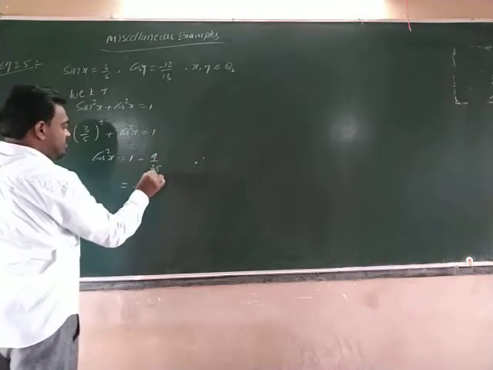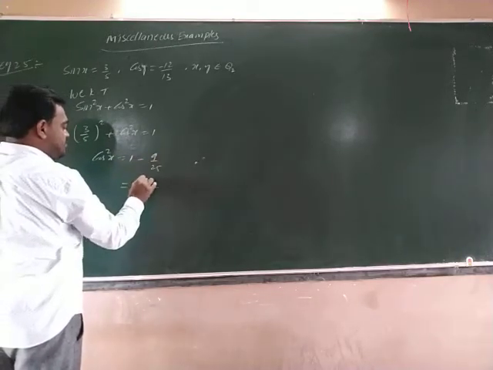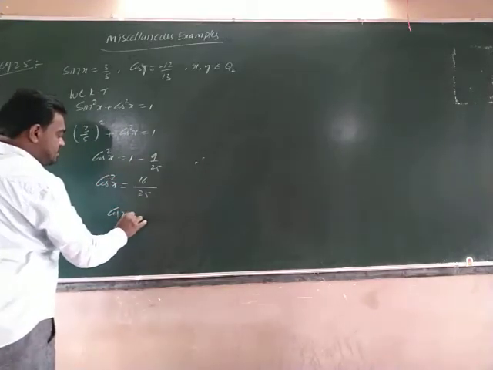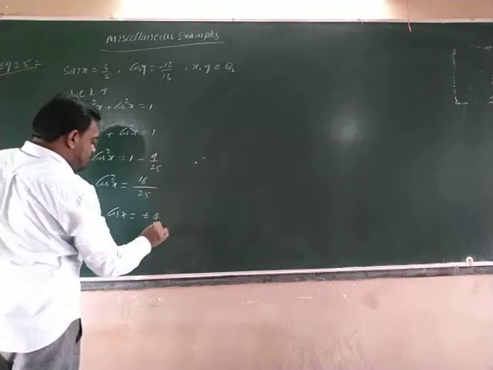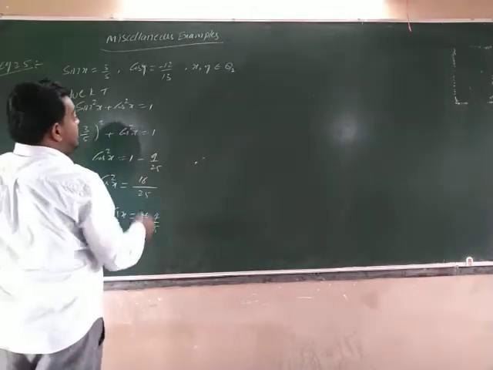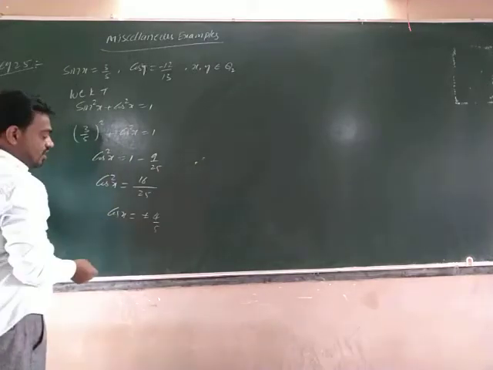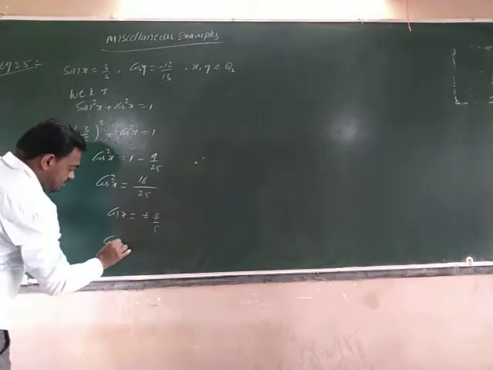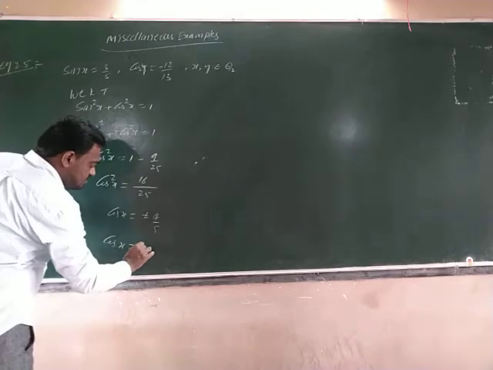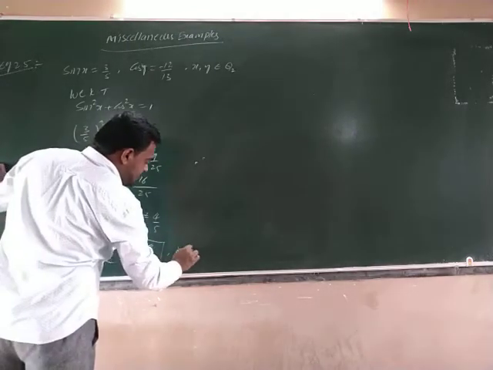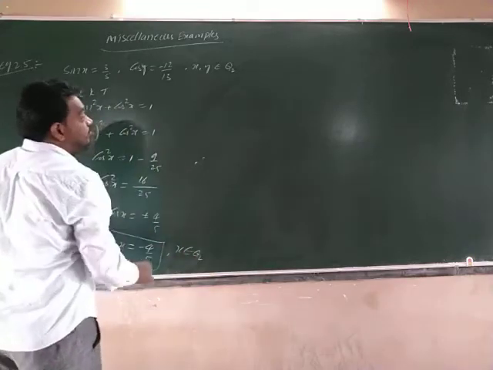LCM 25, 25 minus 9 is 16, so cos square x is equal to 16 by 25. Cos x is equal to plus or minus 4 by 5. Here x lies in which quadrant? Second quadrant. In the second quadrant cos is negative. So therefore cos x is equal to minus 4 by 5, because here x belongs to the second quadrant.